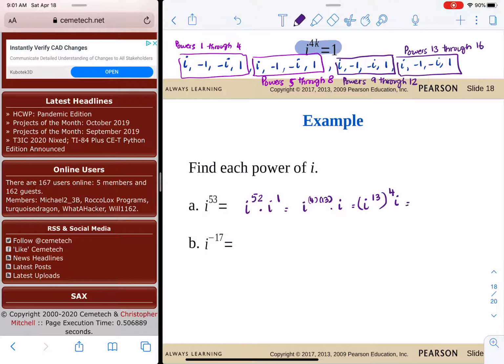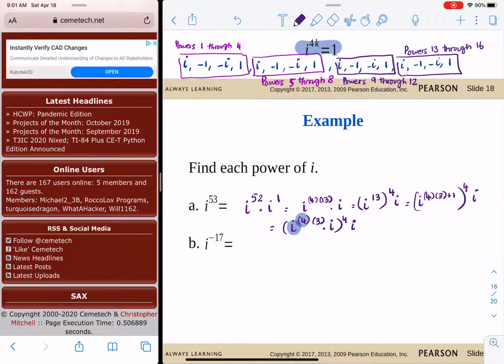The next question is, well, could I write i raised 13 as a power of 4? Well, before we go to that, what would i raised 13 equal to? We would have i raised 4 times 3 plus 1, which is i raised 4 times 3 times i raised 1. What is i raised 4? We know i raised 4 is 1.